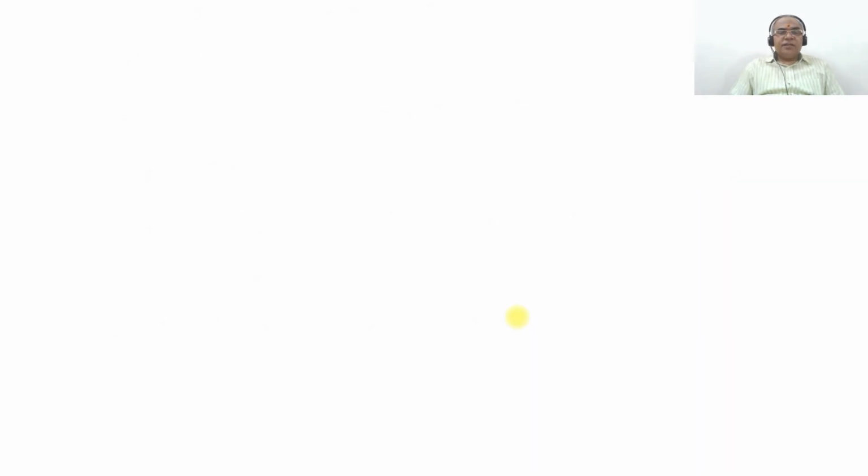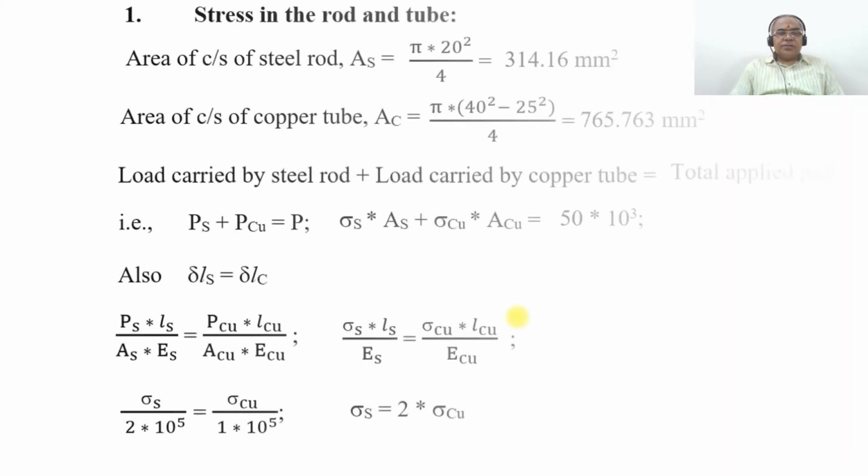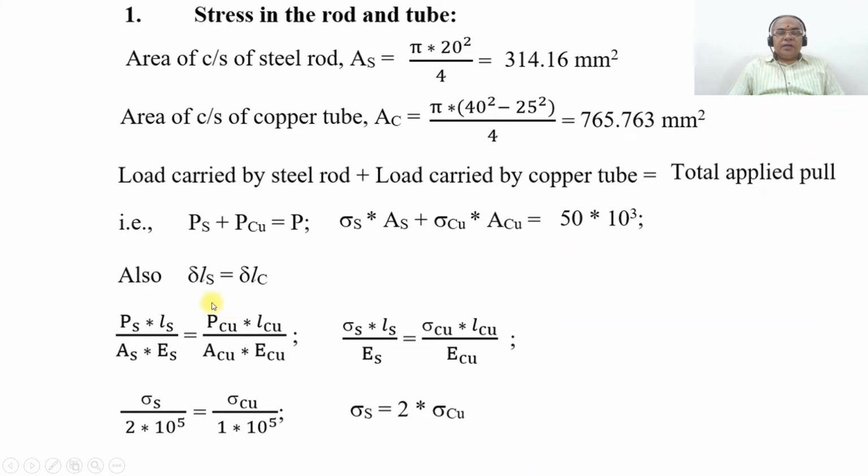Now, the next thing we need to do is substitute those values here. We know sigma S is equal to 2 into sigma CU, into the area of steel, 314.16, plus sigma CU as it is into ACU.